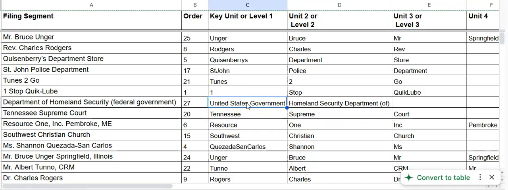That's because with all federal governments, level 1 is always United States Government. Level 2 is the most important part of that department. So if this is Department of Homeland Security, Homeland Security is going to be first and then Department, and then in parentheses the word of. That's because of isn't an integral part of the filing segment, but it should still be noted in there.